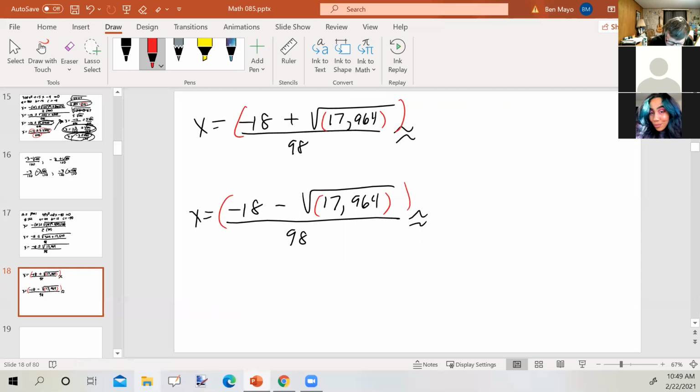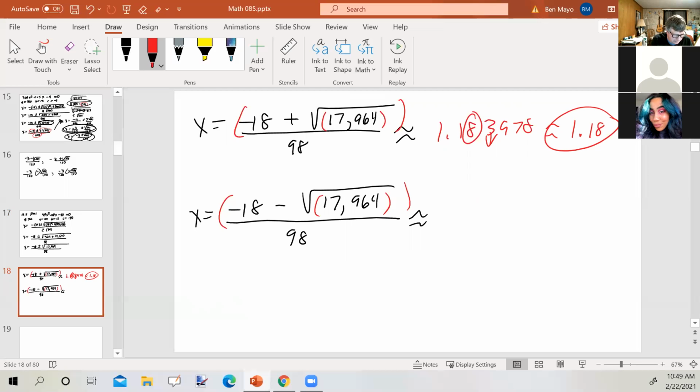And I'm coming up with 1.183978, et cetera. Rounding to 2 places, I would get 1.18 because the 3 in the thousandths place would round down.